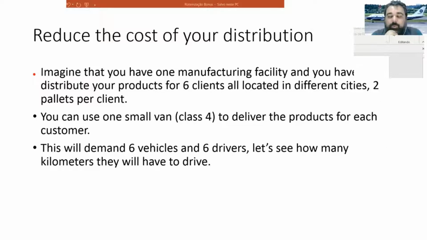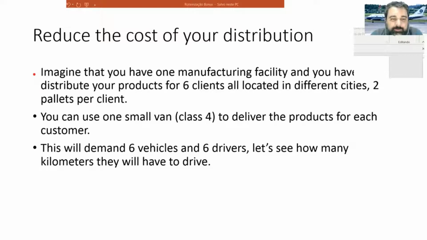Imagine that you have one manufacturing facility, or one central warehouse, to distribute your products, and you have to distribute your products to 6 different clients, all located in different cities, and you have to deliver two pallets per client, for example.